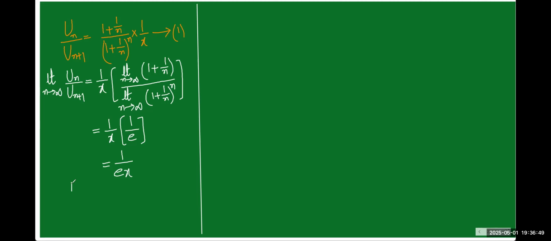By ratio test, if 1 by x is greater than 1, which means taking the reciprocal, x is less than 1. I should write on this side because it is a lengthy statement.